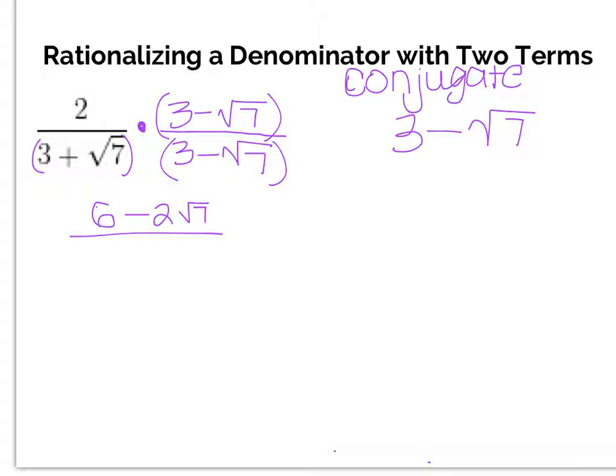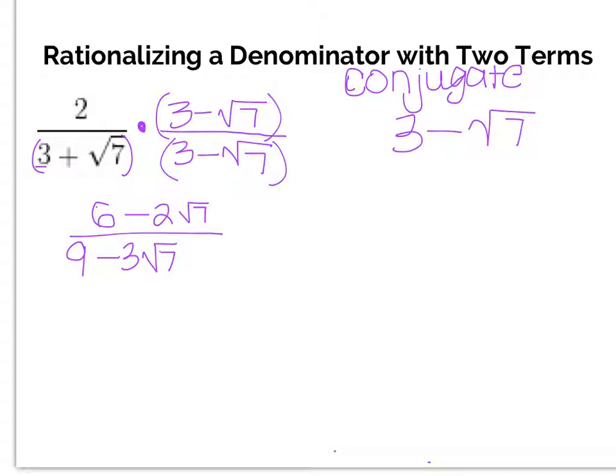And then in the denominator, we need to apply the FOIL method. So we multiply our first terms of these binomials. 3 times 3 is 9. 3 times negative root 7 is going to be minus 3 root 7.